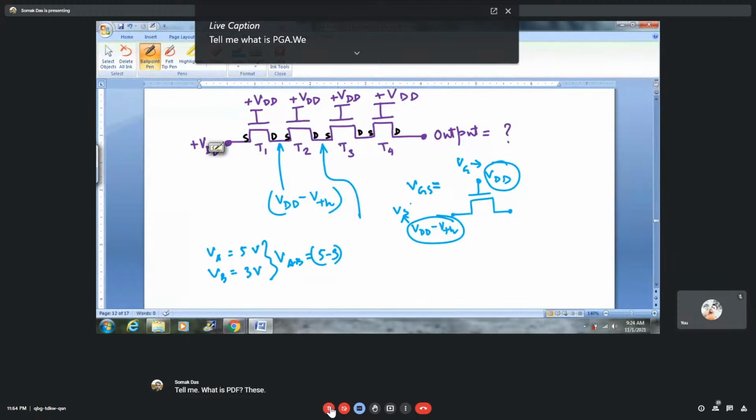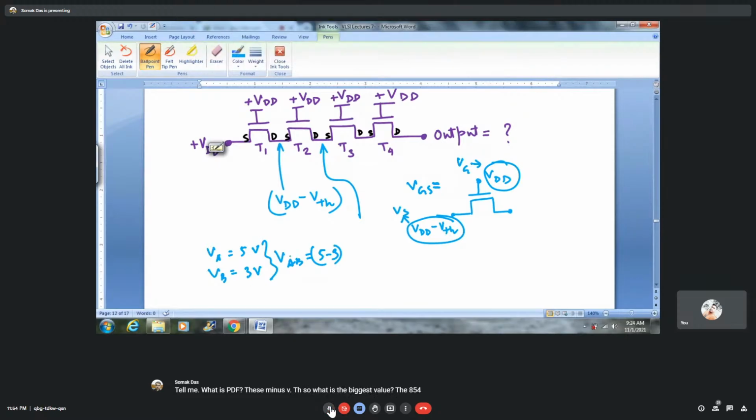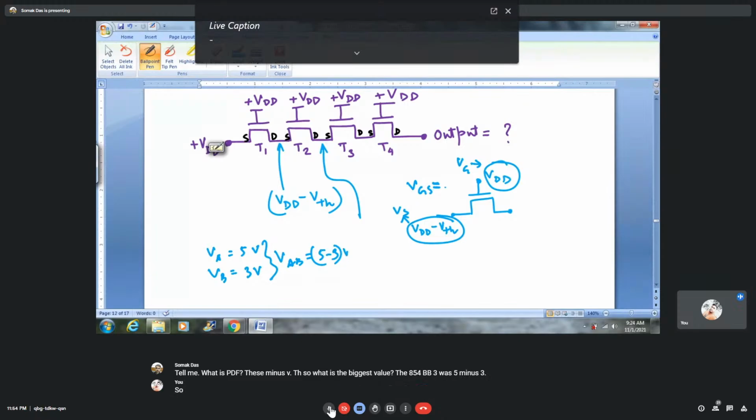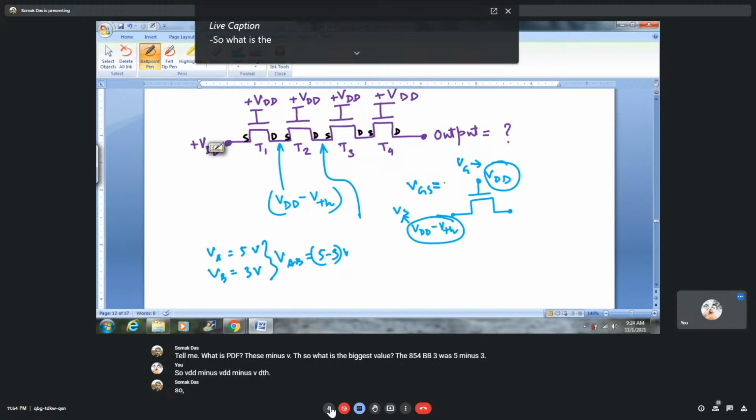VG is VDD. VS is VDD minus VTH. So what is the VGS value? VA is 5 volts. VB is 3 volts. So VAB is 5 minus 3 volts. So what is the value? VTH.